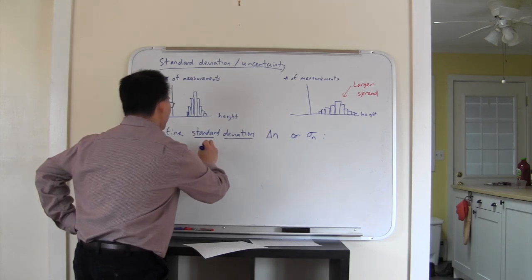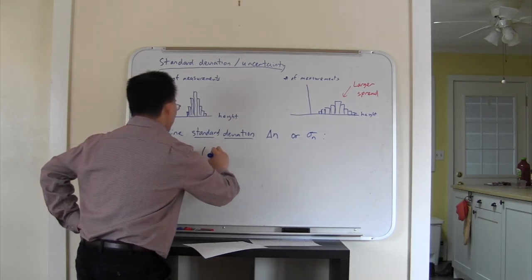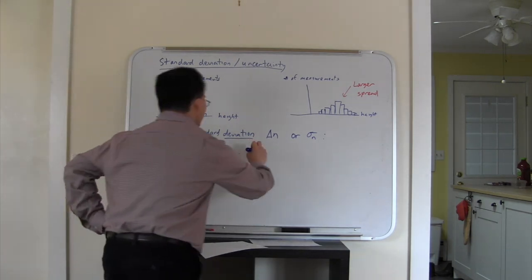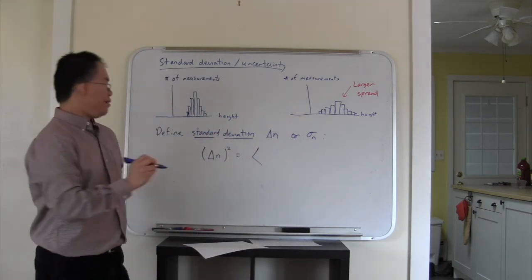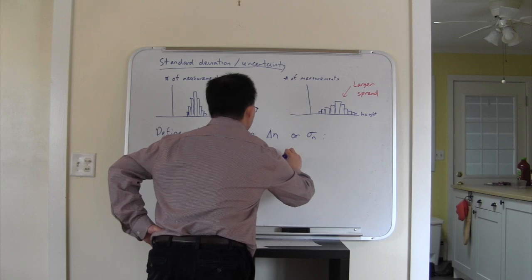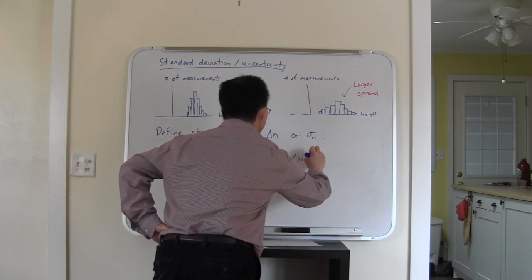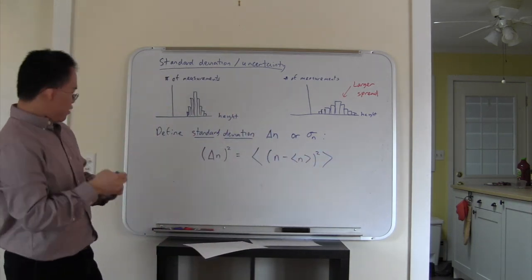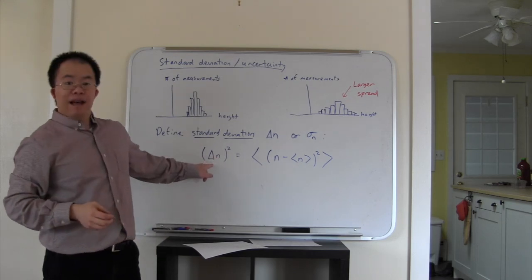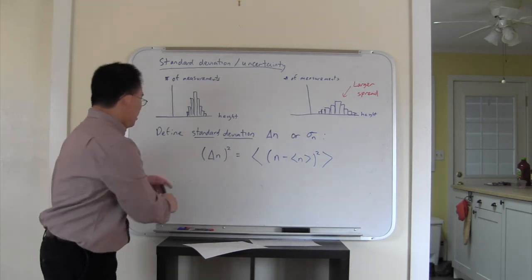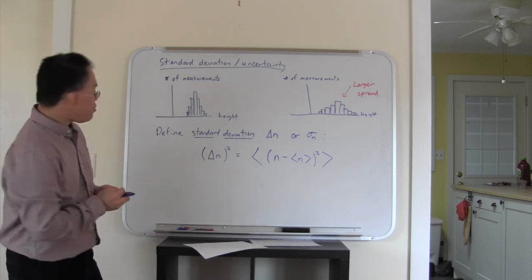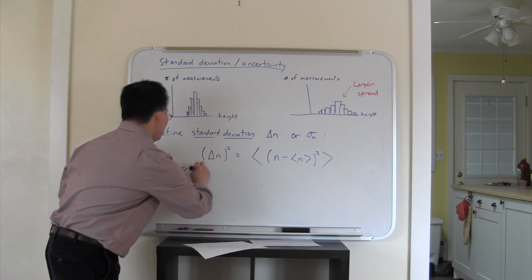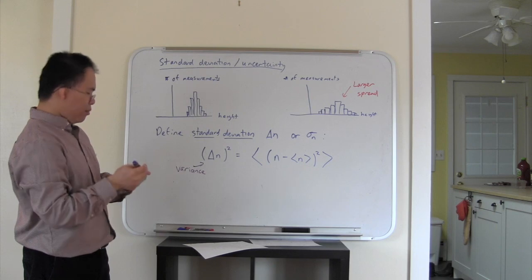We define the square of this as the average value of n, of the quantity n minus its average value, squared. Now, just a piece of terminology. Delta n is what we call the standard deviation. The thing that I've actually written out here, this we define as the variance. So that's delta n quantity squared.